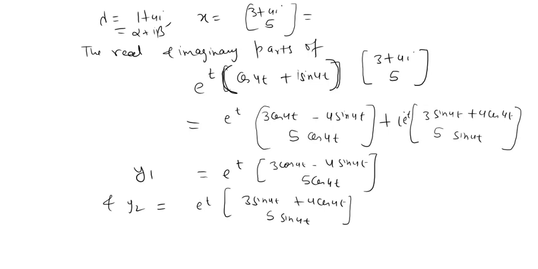The general solution is y equal to c1 y1 plus c2 y2. In that way, by finding just one eigenvector, you can write the full solution of the system when you have complex eigenvalues.